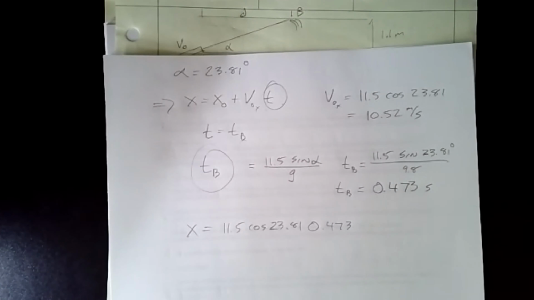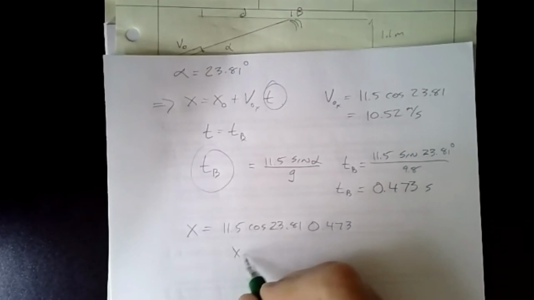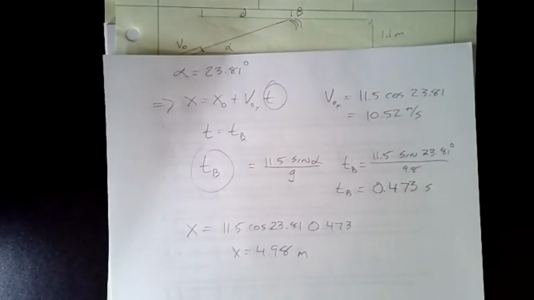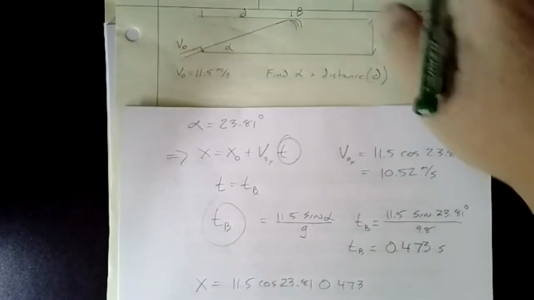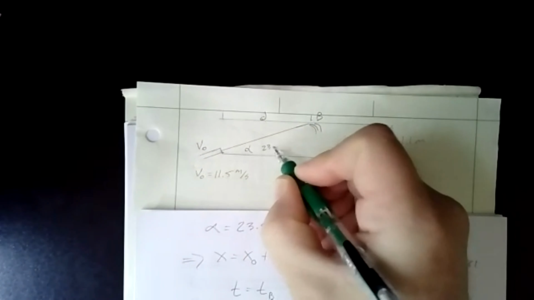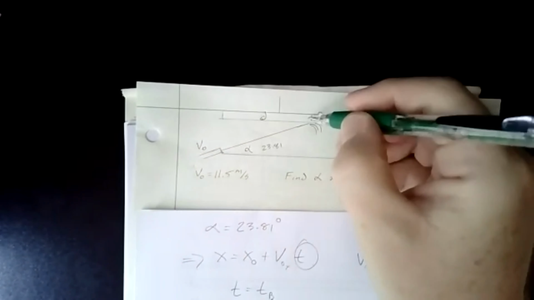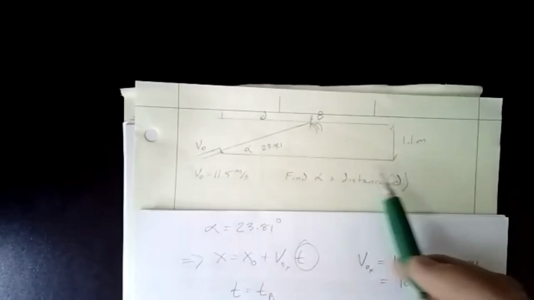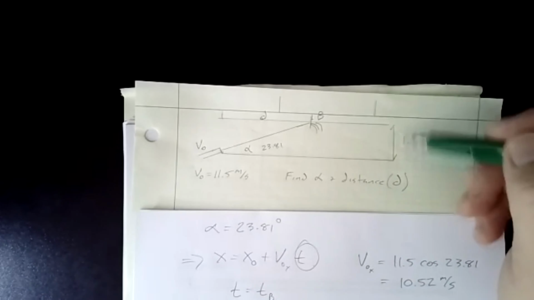So in that case the distance x is 4.98 meters. That's the maximum distance that this water, coming out at 23.81 degrees, can go, or 4.98 meters. So the total length of the pipe really didn't matter, but the height did. We need to know that.